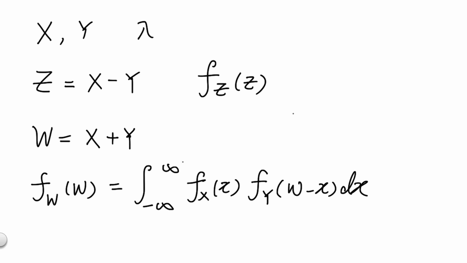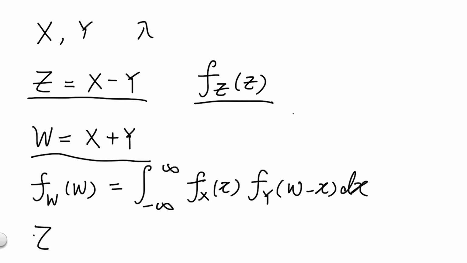Now to use this expression to calculate f of z, we need to do a little bit more work. Notice w is expressed as a sum of two random variables, whereas z is expressed as a subtraction of y from x, but that's fairly easy to fix. We can write z, instead of as a subtraction, as the addition of x plus negative y.